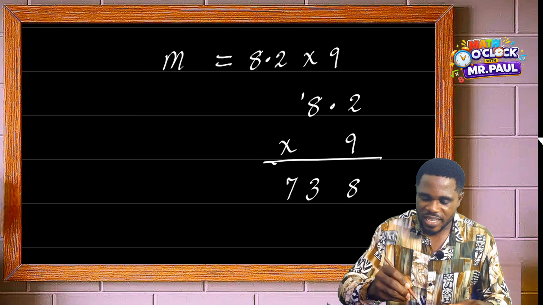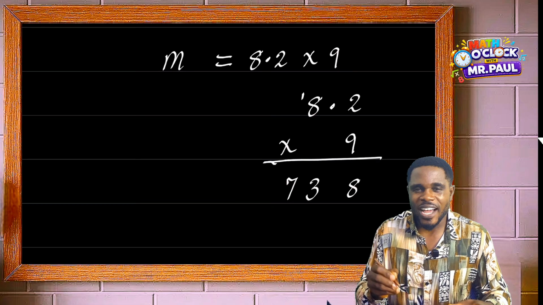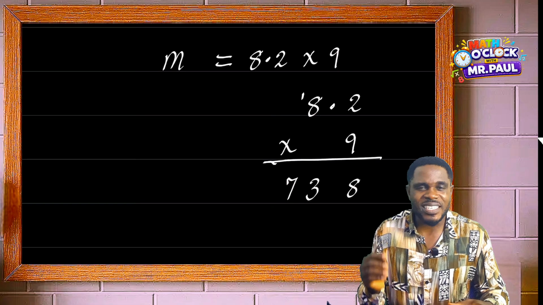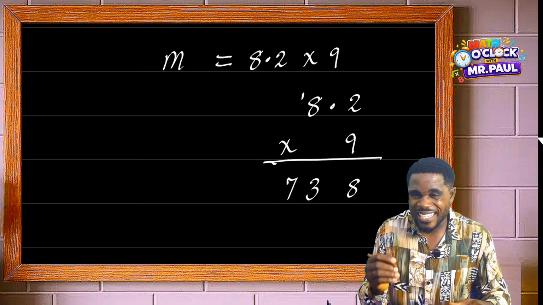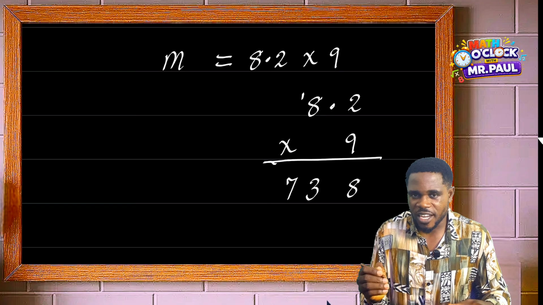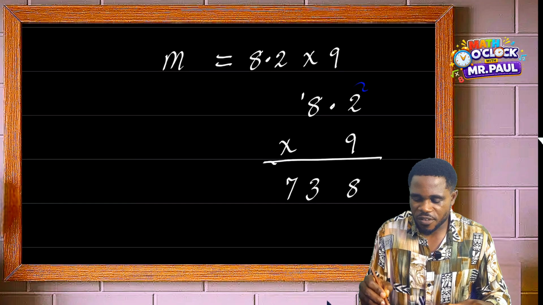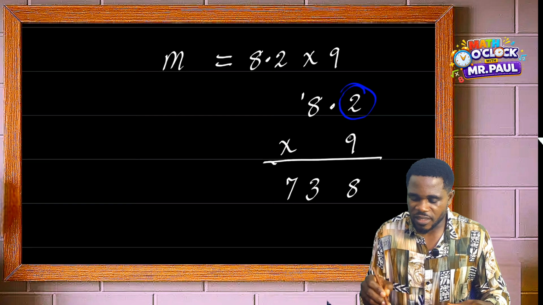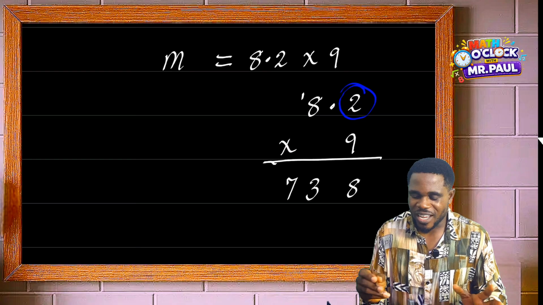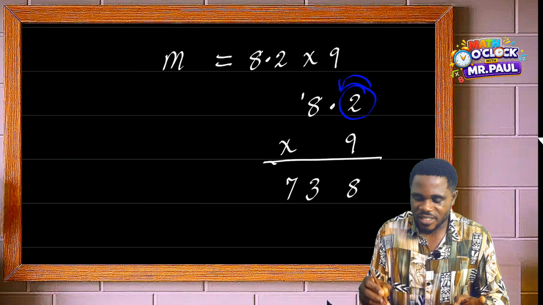But that's not the end of it all. You look at the digits after the decimal point in the task you just performed. Like in this case, we had 8.2 times 9. In 8.2, we have one digit at the fractional part, and in 9 we don't have any.